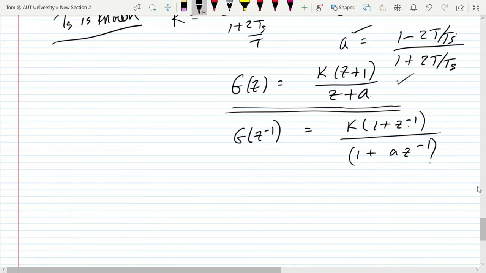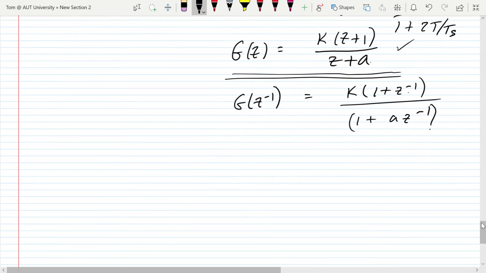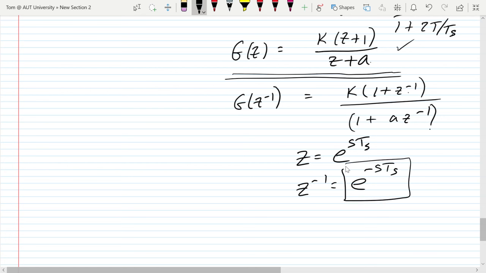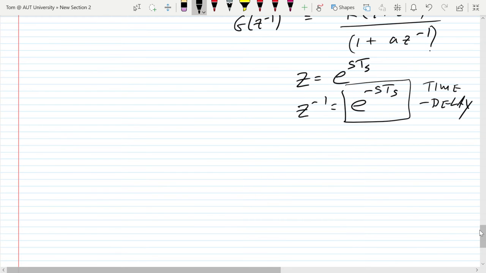Okay, so why have I written it like that? Well, I've written it like that because if I go back to my original expression, z is equal to exponential sTs. If I write it in negative form, this is recognizable, if you know your control systems, as a time delay. It's a pure time delay actually, of Ts seconds.